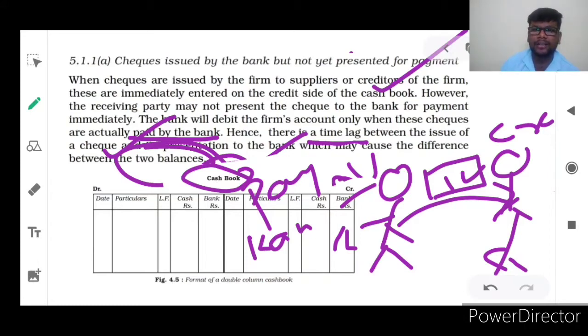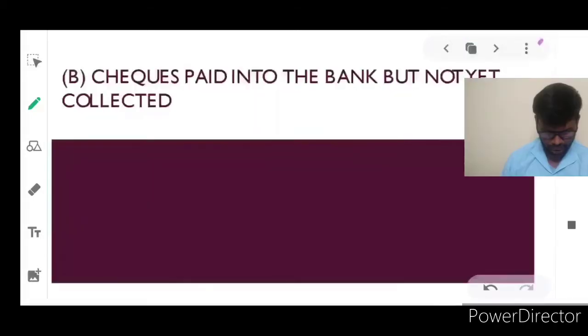So when Kannan presents the check to the banker, only then will the banker debit that 1 lakh rupees in your account and credit that money to Kannan's account. But Kannan delays submitting the check to the banker. So in this situation, a time lag is there.